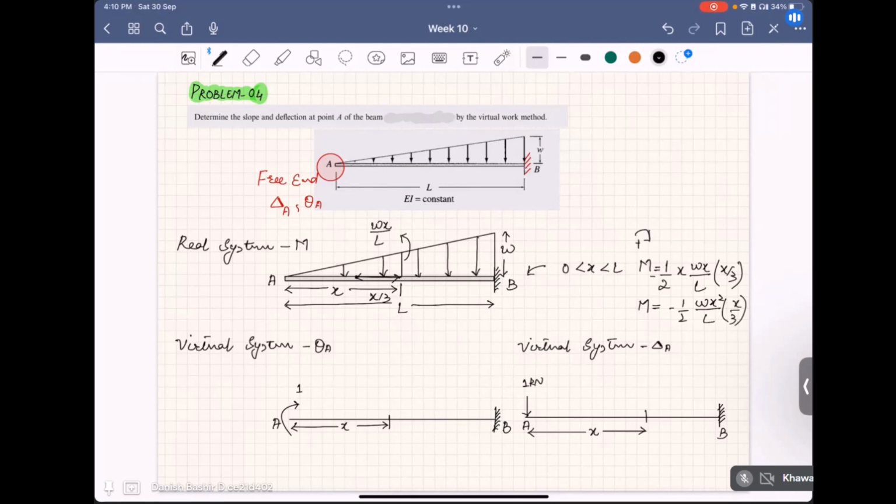So what will be the virtual moment for determining the slope, Mv? We have taken clockwise moment as positive.